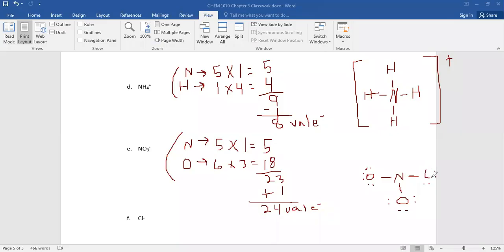And then we're going to replace those electrons that we erased with another single bond, giving us a double bond between the central nitrogen and that oxygen. Now we've got our 24 valence electrons, and we've got our ion's Lewis structure completed. We'll put it in brackets and put the minus sign outside of the brackets.